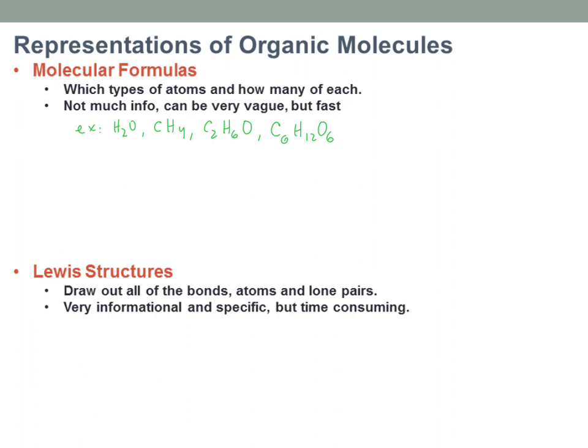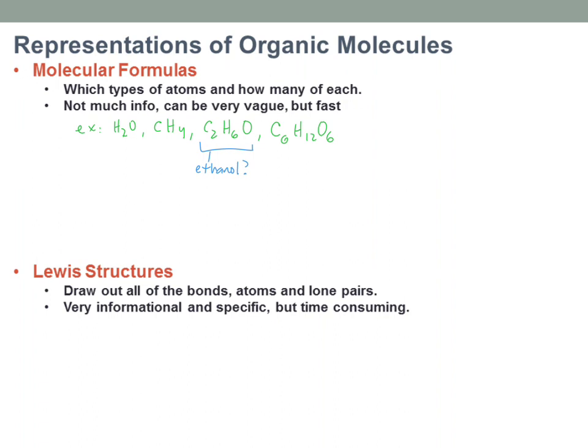But again, the idea here is that it just tells you how many of each element there is. And that's really all the information that's there. So if I look at this one, for example, probably this is ethanol. I mean, that's what I was thinking, but we don't really know unless we draw it out, and we'll draw it out in a second here.